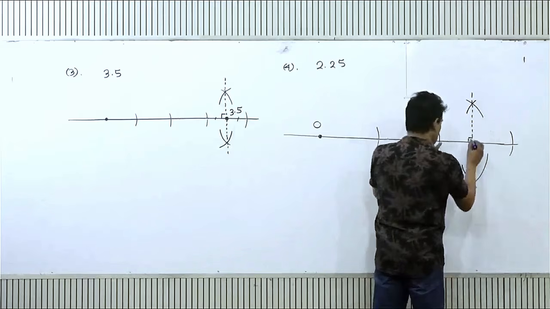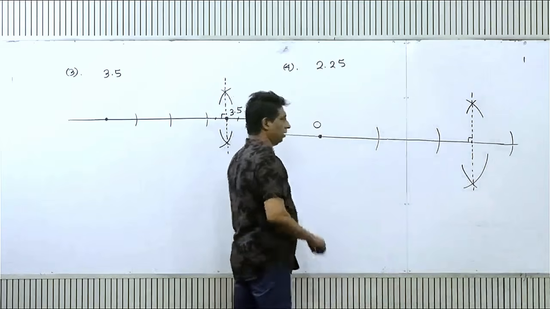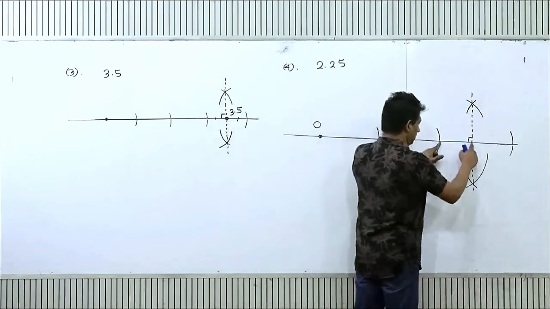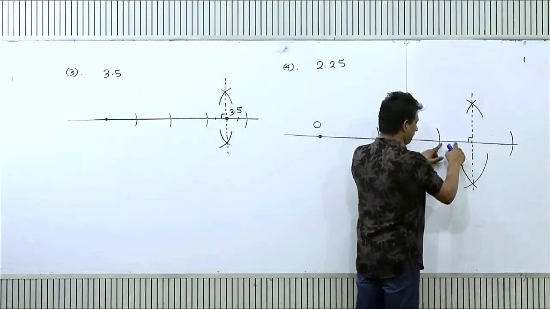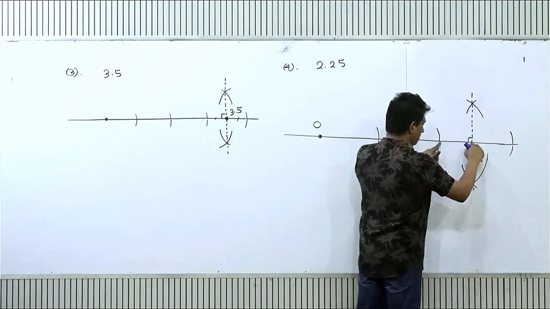1, 2, this is 2.5. But what we want is 2.25, no? That means we have to find this distance's midpoint, right? How can we find this distance's midpoint? You have to draw again a perpendicular bisector of this line segment.